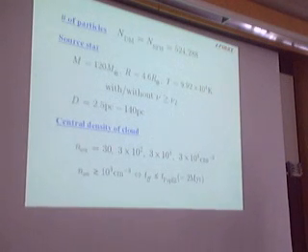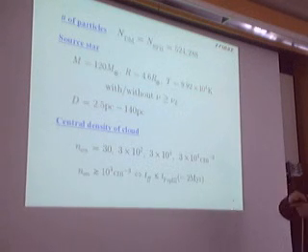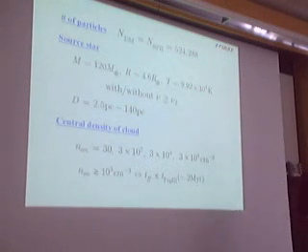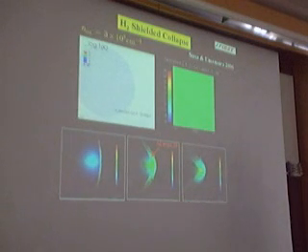We have changed the size of the cloud and the distance of the source, and we have checked the final result. This is one typical result for the H2 shielded flux. This is a sort of high density case.